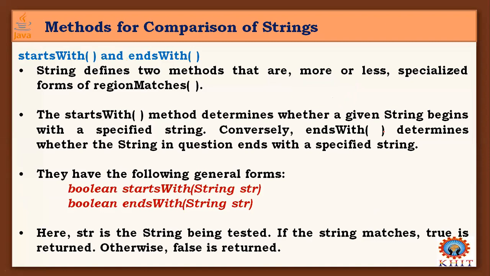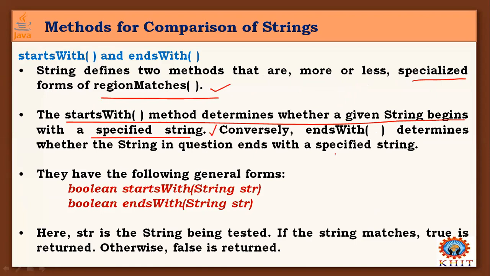Next one, startsWith and endsWith. These are also two comparison methods. The String class defines these two methods mainly as specialized forms of regionMatches. In regionMatches, we give the starting index and the number of characters to be compared. Here, the startsWith method determines whether a given string begins with a specified string or not.